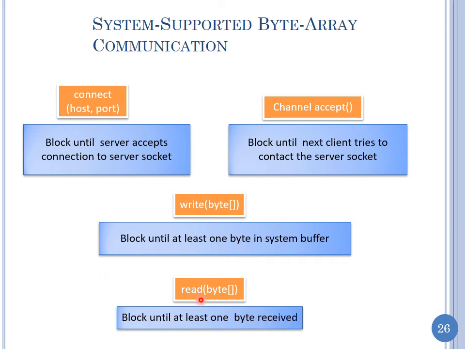Also, for read, we don't quite know how many bytes may be received at the other end. So we might just give a very big byte array and say, here's the largest space I have, fill as much of it as you can, and unblock me as long as you can fill some of it. Now, David said, look, this has got the danger that you might have to make more system calls.